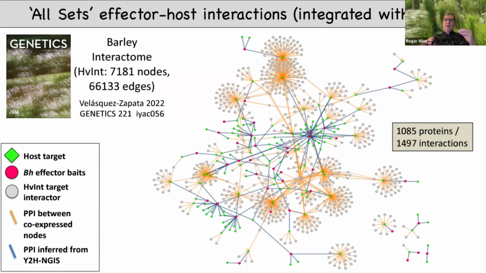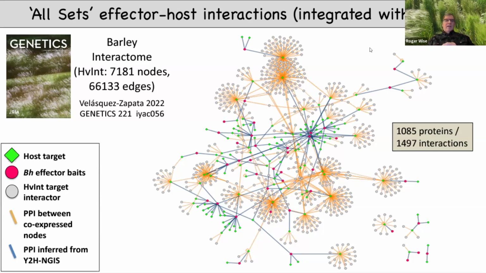MLA also encodes specificity to stripe rust, rice blast, UG99 stem rust, and spot blotch. So we think that things that we find out here, we can hopefully apply to those other diseases as well.